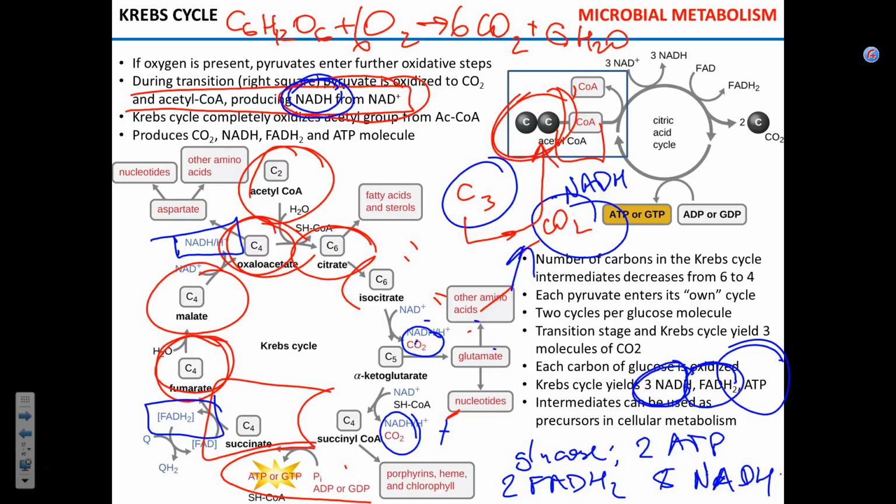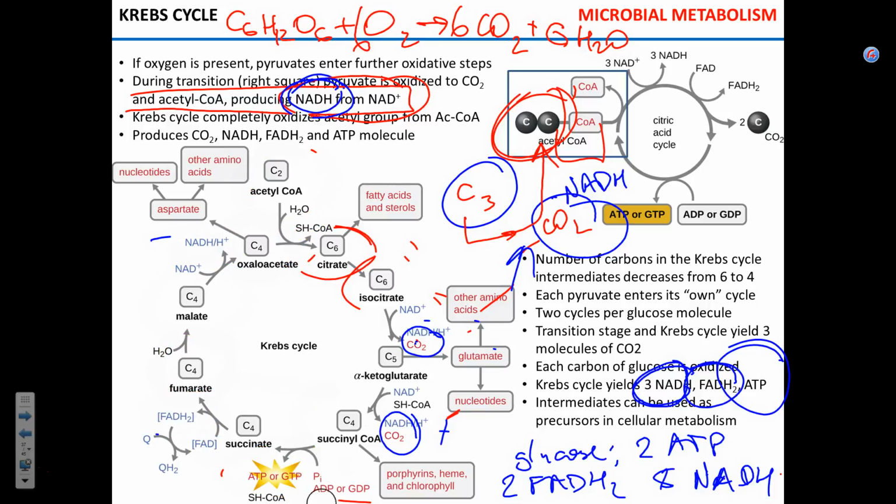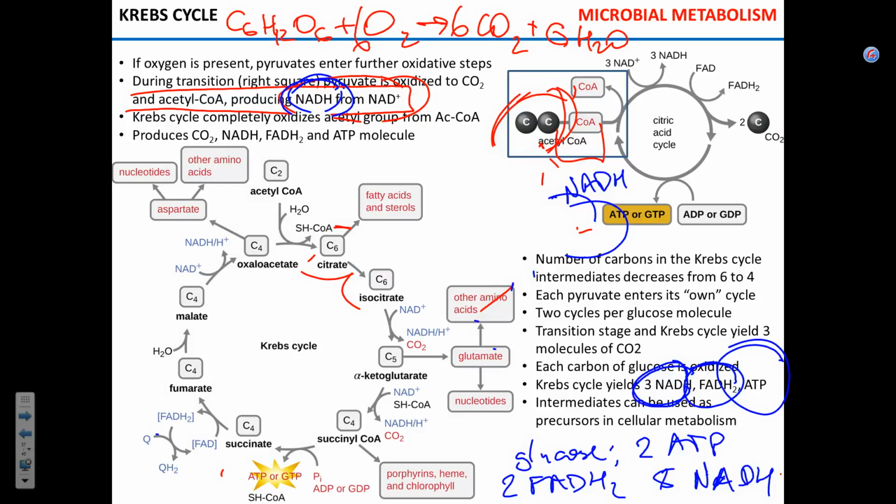We found where CO2 comes from. Now we need to figure out where water comes from. We'll get to that, but not before we discuss the implications of the Krebs cycle for the metabolism of the bacterial cell.